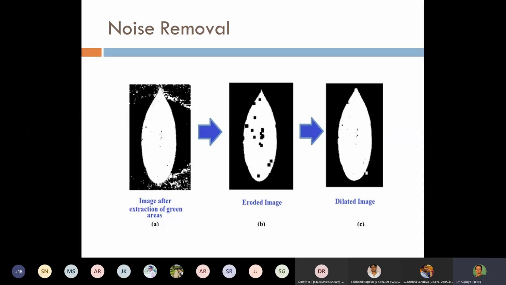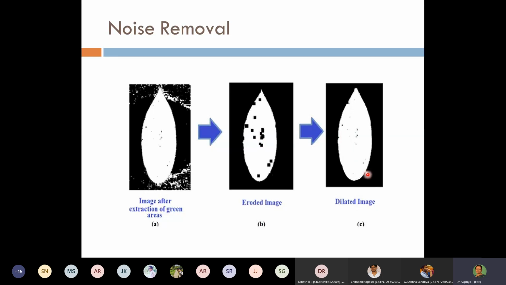One example of a zoomed version of the leaf that was shown previously is considered here, and you could see a lot of white spots appearing. So what could be done? In order to remove the white spots, erosion has been carried out, and then dilation. When we do erosion, we could see some black spots are there. That is why, to remove the black spots, dilation has been carried out.